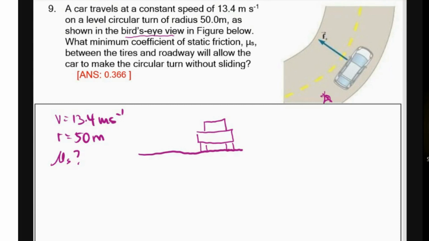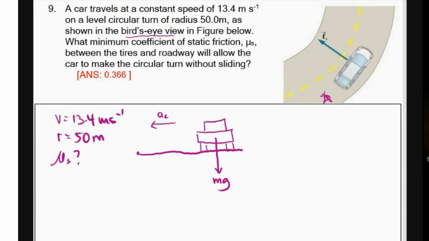What you see is that the center is on the left side. So this is the AC. The car has mass, so it has weight. So weight is pointing down. And there are 4 tires.